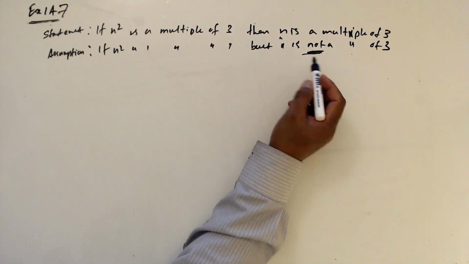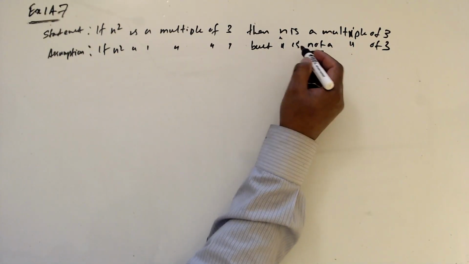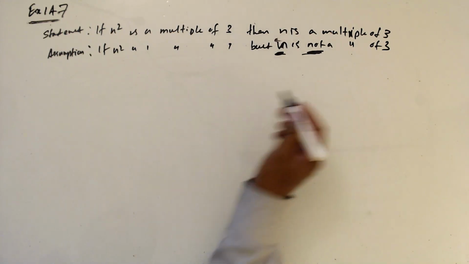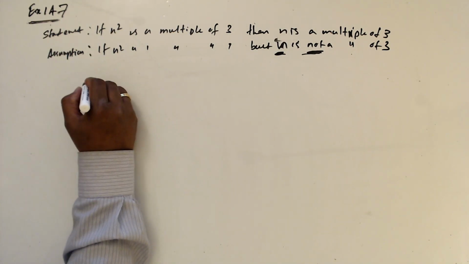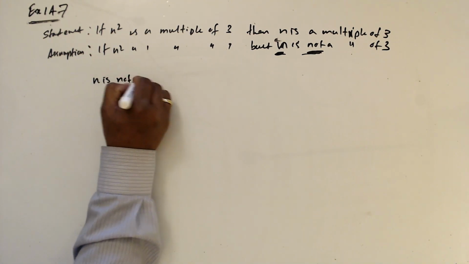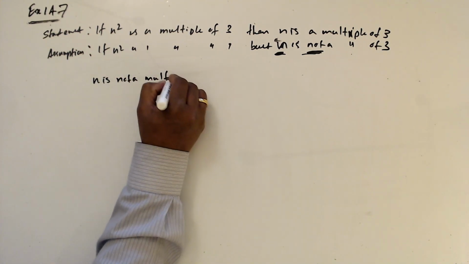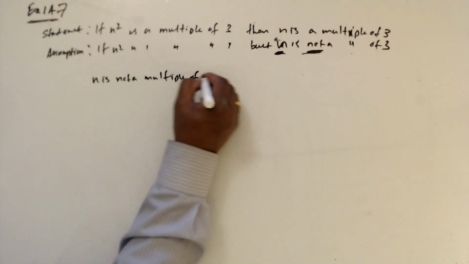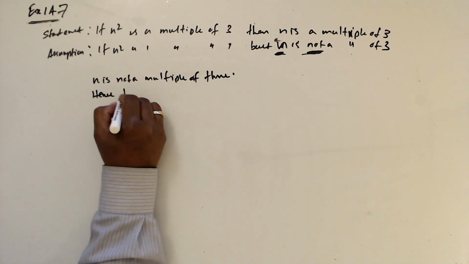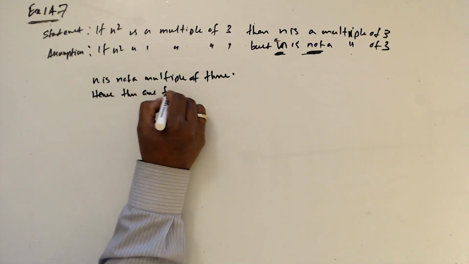So now I need to pick up n is not a multiple of 3. Hence, there are two options.